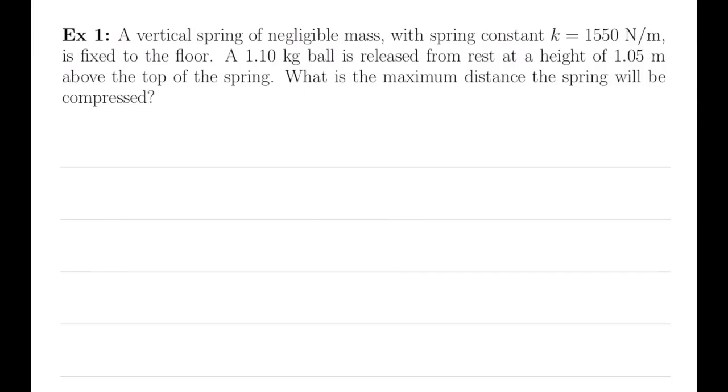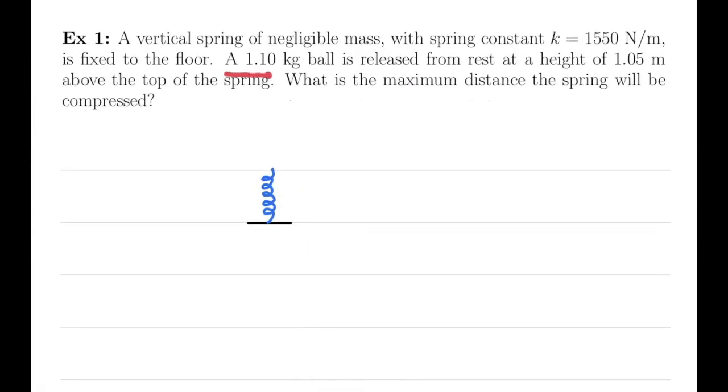Let's draw a picture of what's happening. So let's say this is the floor and we have a spring that's fixed to the floor. And there's a 1.1 kilogram ball released from rest at a height of 1.05 meters above the top of the spring. So this is the top of the spring right here.